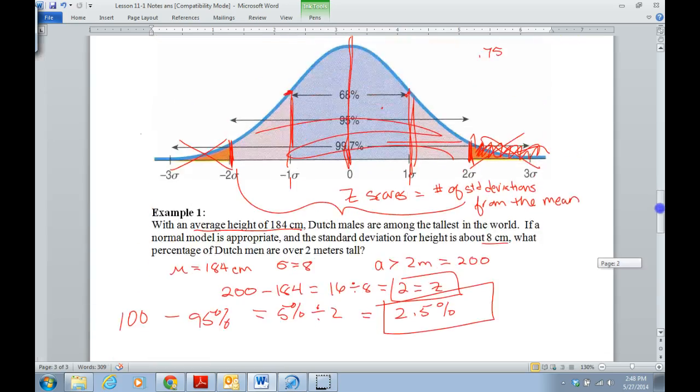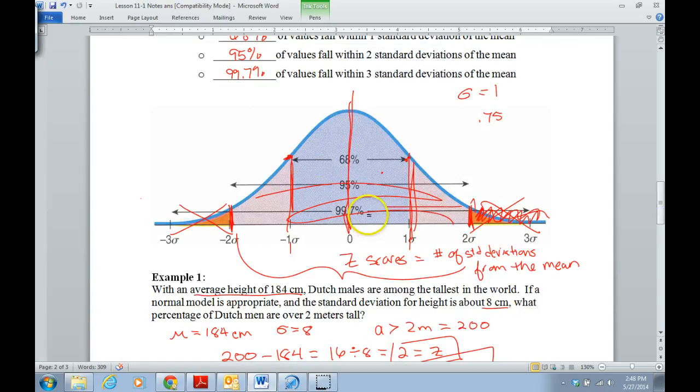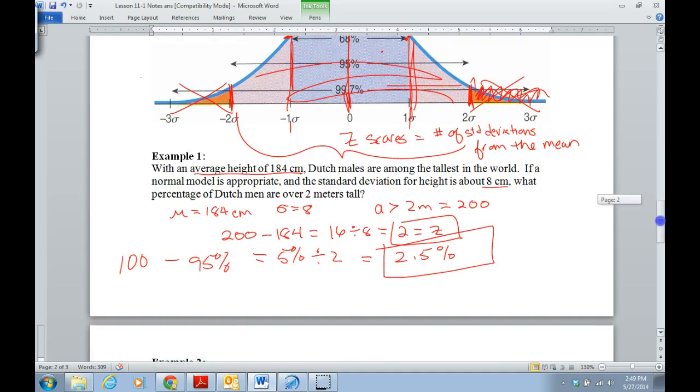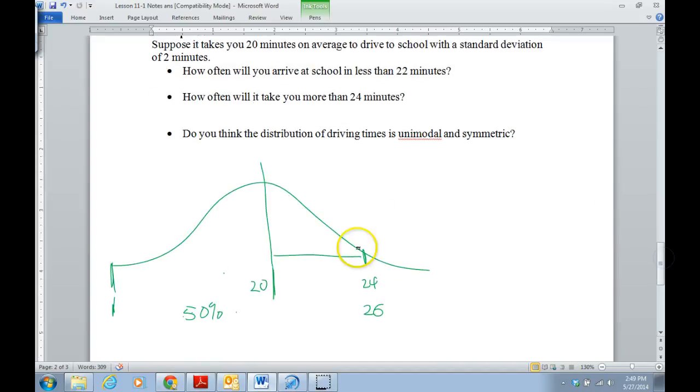What is the percent from here to here? 95. Okay, so 95 from here to here. Correct? We want to find out how often this area above it is. So 2.5%.